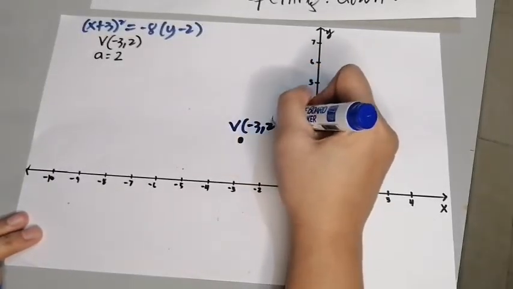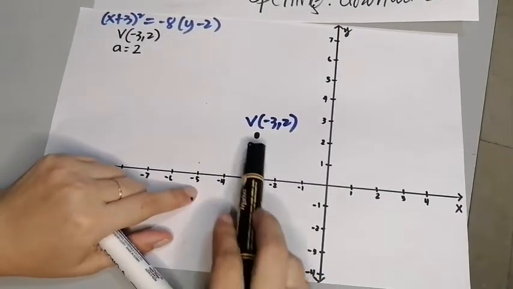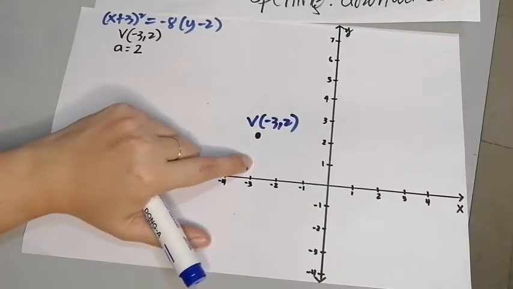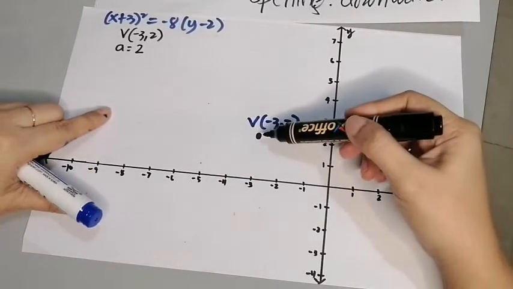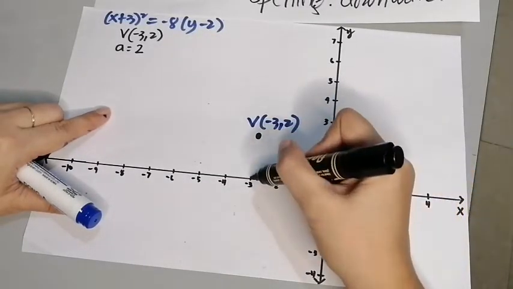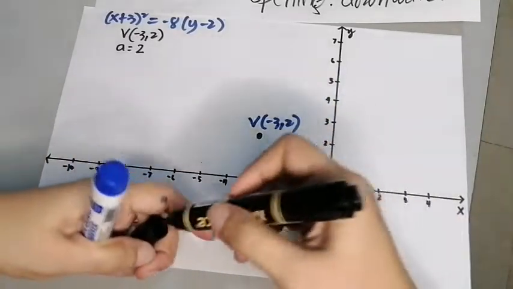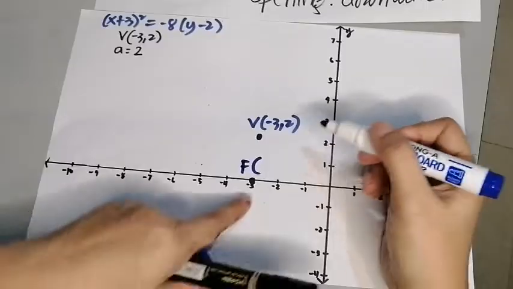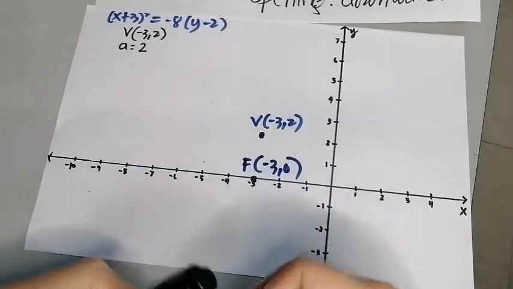And since the parabola opens downward, to determine the focus, we have to move 2 units down. So 2 units down, it's here. And so we have the focus. What are the coordinates of this focus? You'll have (-3, 0).